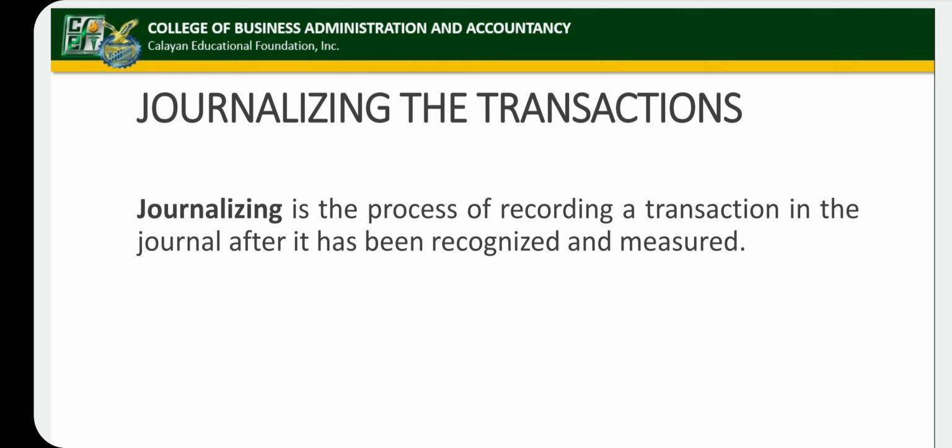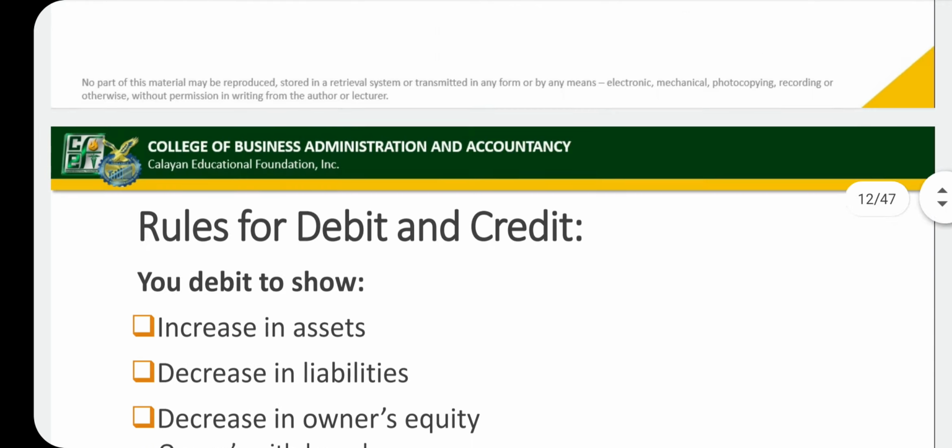So again, the journal should be chronologically arranged because it is important that the presentation of our business records are according to the dates that we have incurred them. So journalizing again is the process of recording a transaction in the journal after it has been recognized and measured.